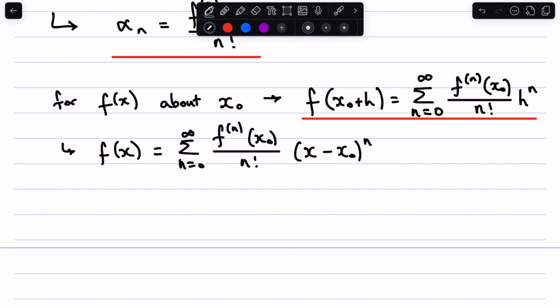So you can imagine all we're doing there is just saying that x is x naught plus h and subbing that in. And so we can remove h and just use x as a general form. And this tends to be a more useful expression of the Taylor series.